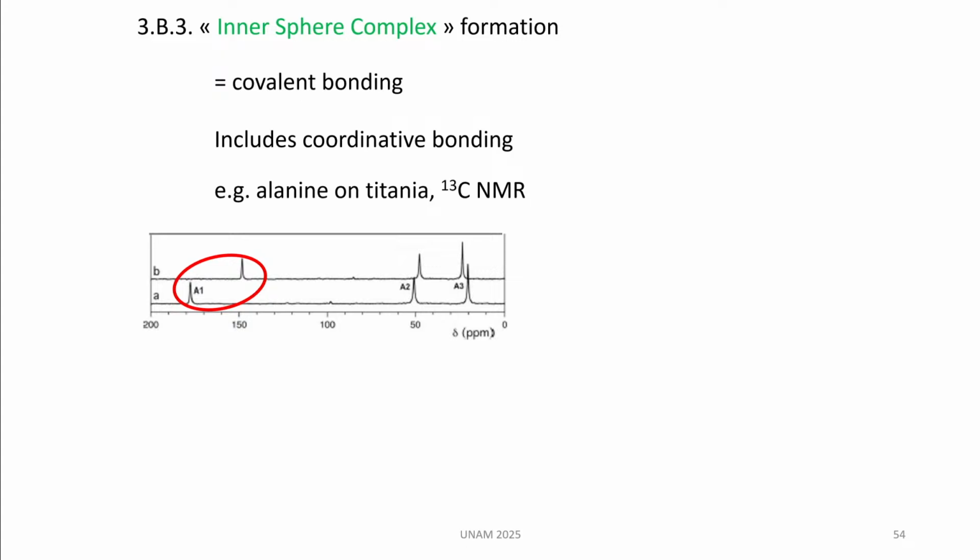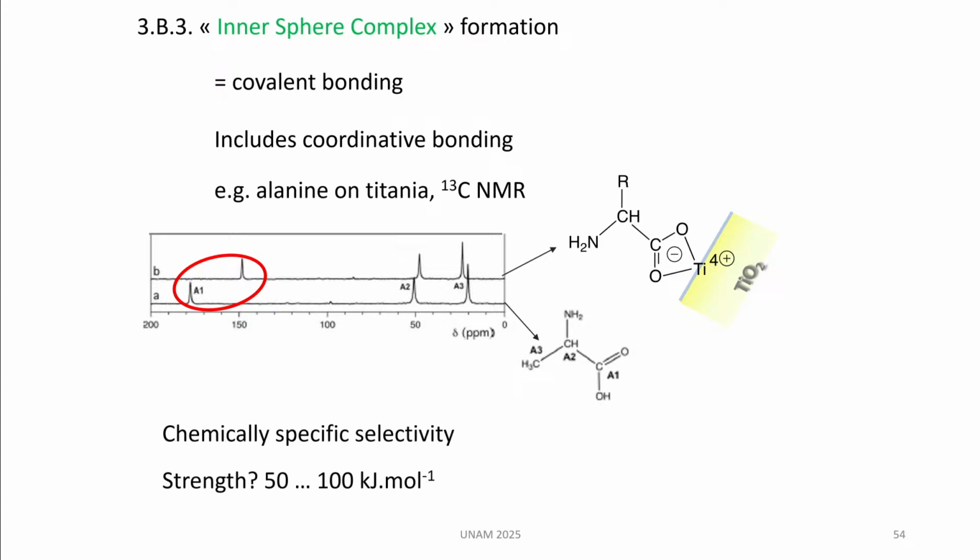And to give you a relevant example for prebiotic chemistry, alanine, which is a simple amino acid, on silica makes a specific type of bond that translates in NMR by a strong displacement of the chemical shift, which we interpret as saying that the COOH of alanine, probably deprotonated, has formed a coordinative bond with a Ti4+ of titania. So that's an example of inner sphere complex formation.